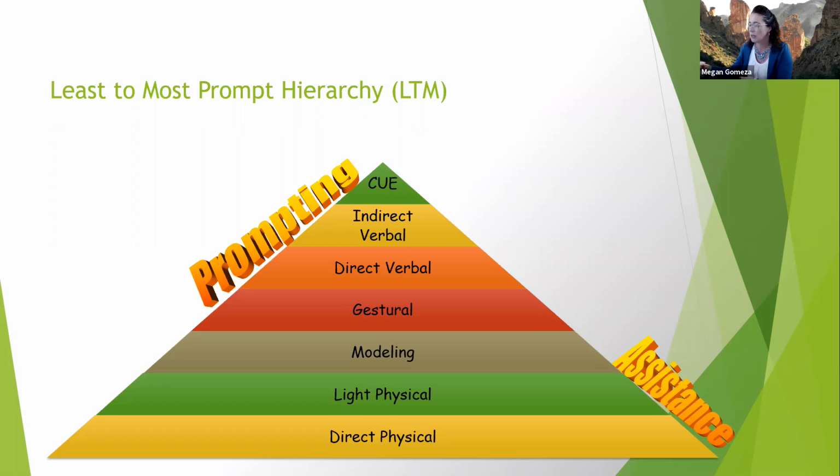Direct physical would be when you are doing all of the steps pretty much for them with their cooperation. And so when we're talking about prompting and assistance, you can see that prompting is the least to most hierarchy. So cueing is at the least and direct physical is at the most.